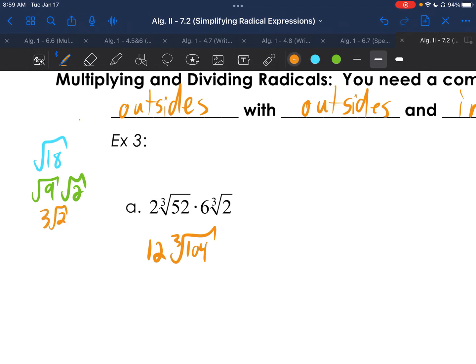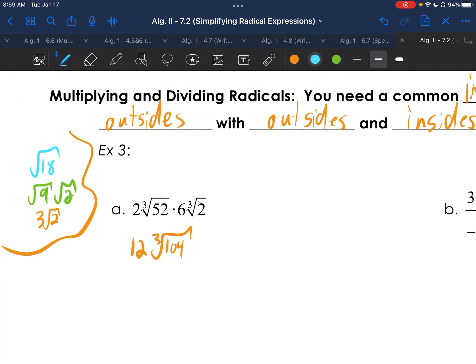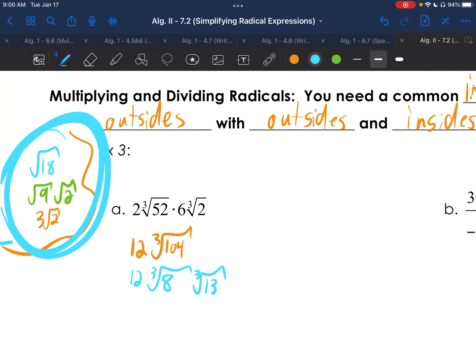Well, we can do the same thing here with other roots like cube roots. So we can say 12, the cube root of 8, because 8 goes into 104, and 8 is a perfect cube. And 8 times 13 is 104. So the cube root of 8 and the cube root of 13 is the cube root of 104. Just like over here, the square root of 9 times the square root of 2 is the square root of 18.